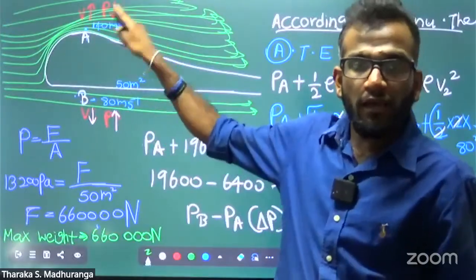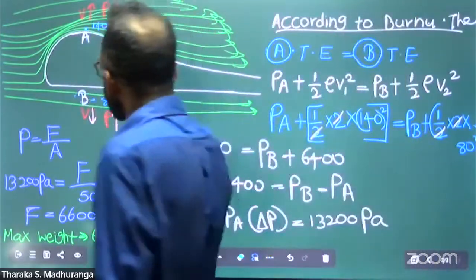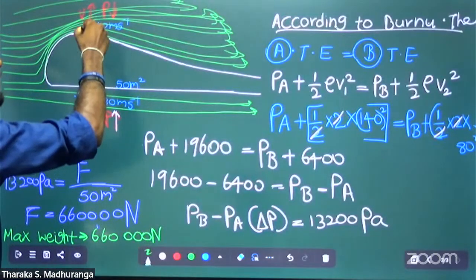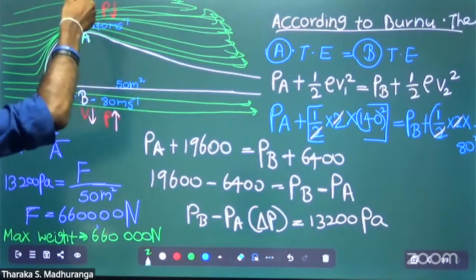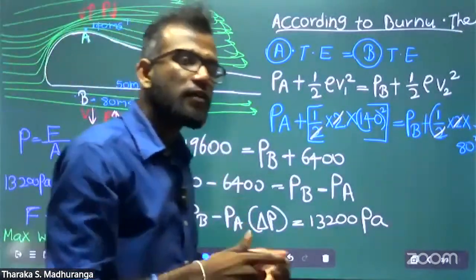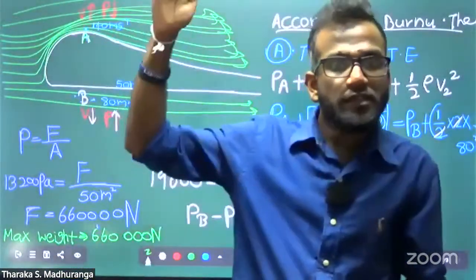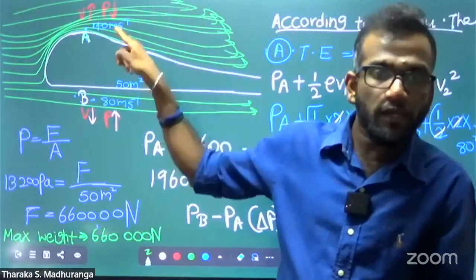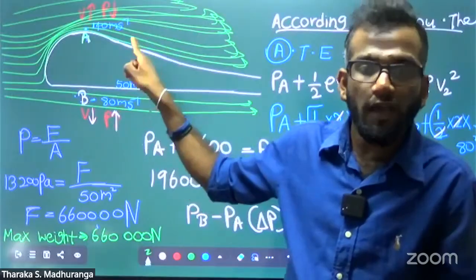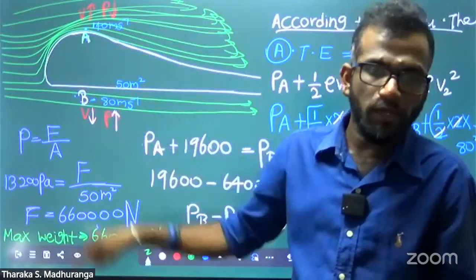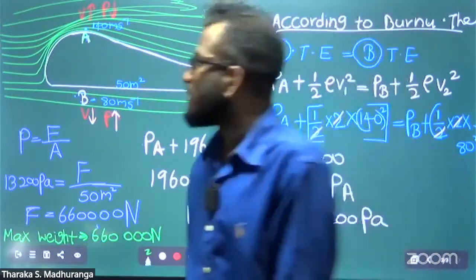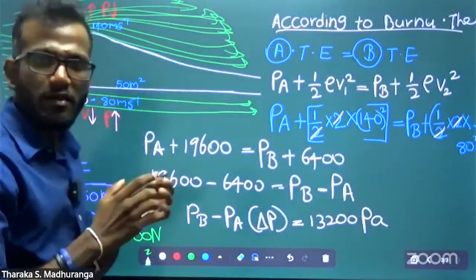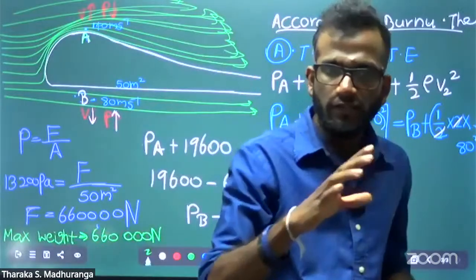On the upper side, A side, the air flowing speed is greater than on the lower side. Therefore the upper side pressure is lower due to the higher velocity of air. On the lower side, pressure is high due to lower velocity. Due to high pressure to low pressure, force is exerted. The plane is lifting, as we discussed in the lesson.